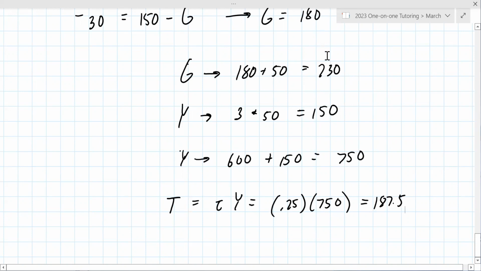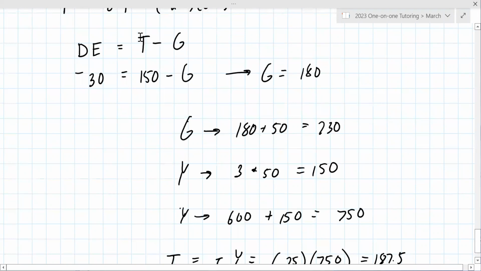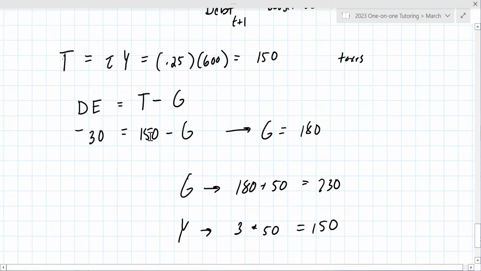And the government was short, but we added 50 to it, so G is 230.